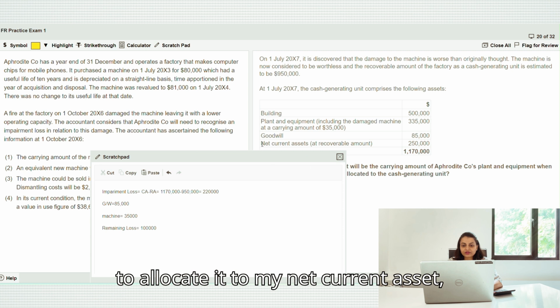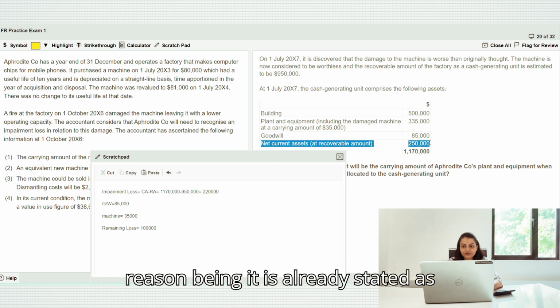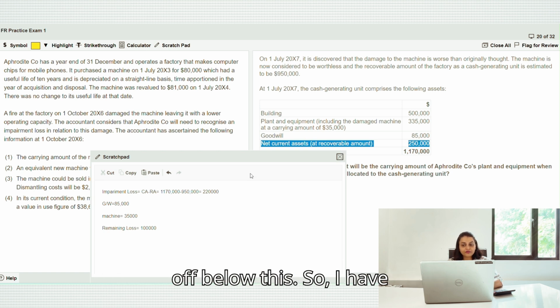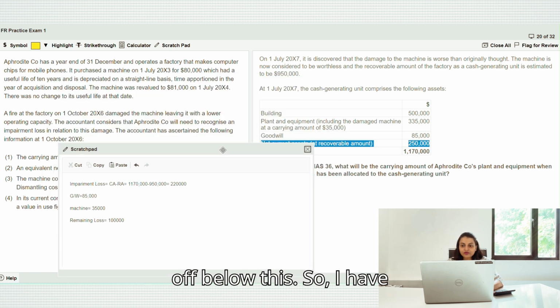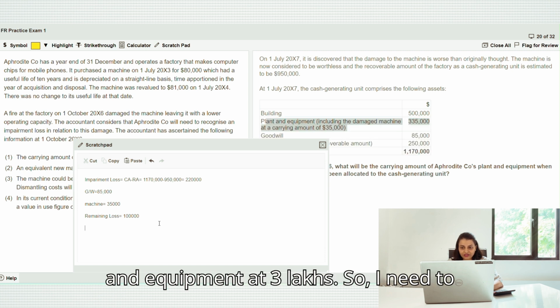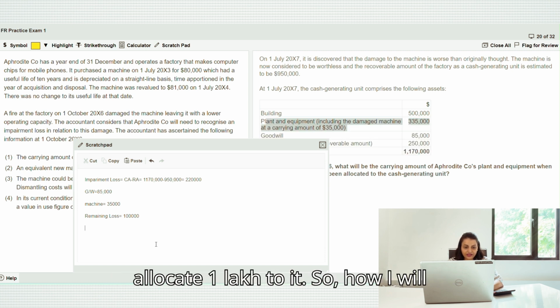I'm not going to allocate it to my net current asset, the reason being it's already stated at recoverable amount. You cannot write it off below this. So I have building at 5 lakhs and plant and equipment at 3 lakhs, so I need to allocate 1 lakh to them.